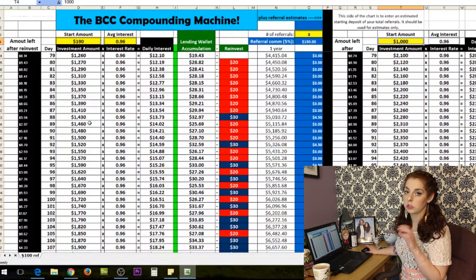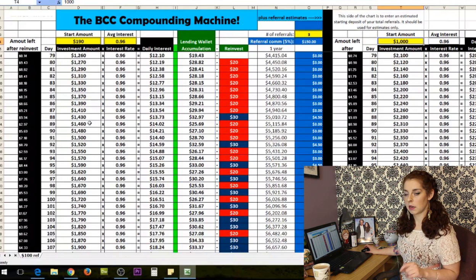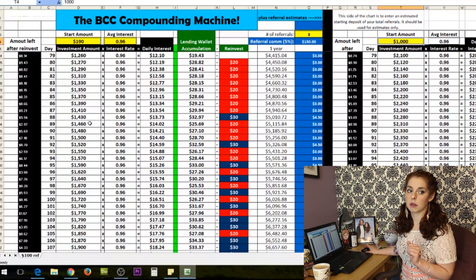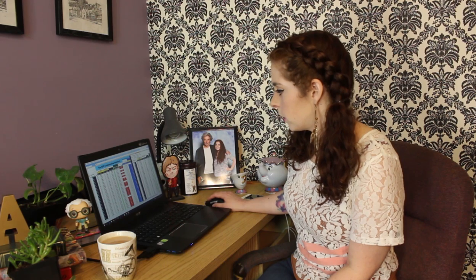Now I don't have quite that much because of when my referrals started coming in. They weren't there from day 1, so that's just why it's going to be a slight difference from what the predicted numbers are. So day 60, I should expect somewhere in the ballpark of $930, making $8.93 per day.